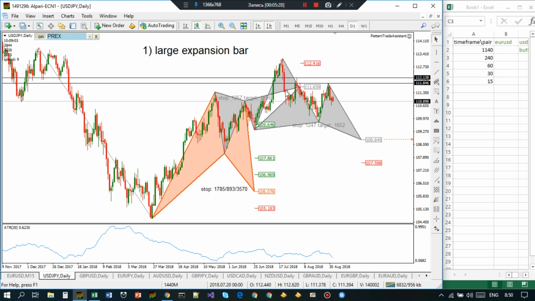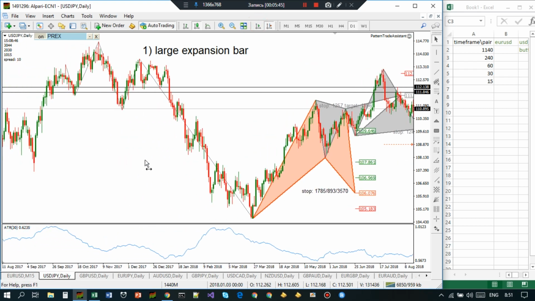So this is the large expansion bar that breaks that level, and it is thought that the level should be a significant one. We had much power to break this level, and it acted as support in history.